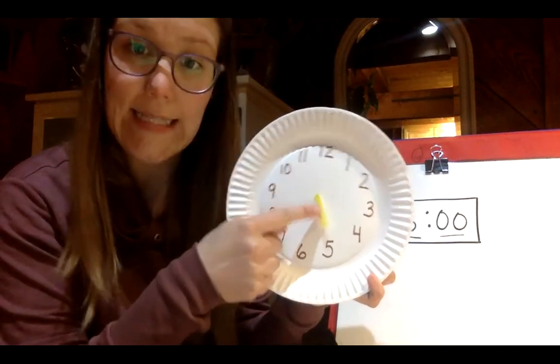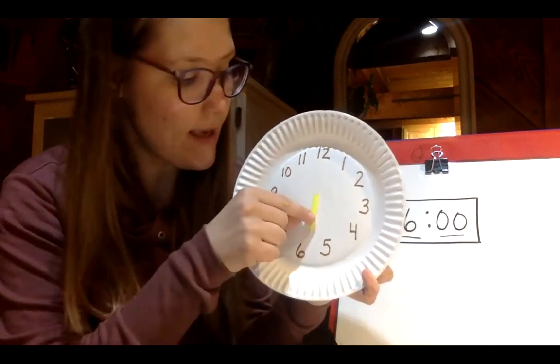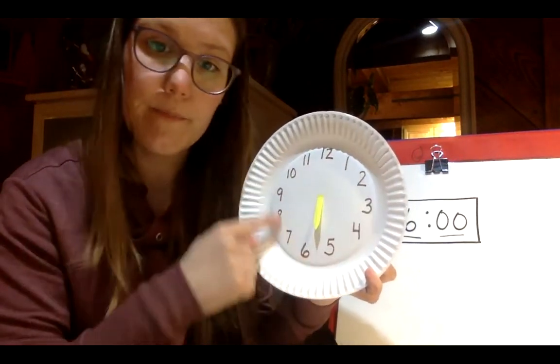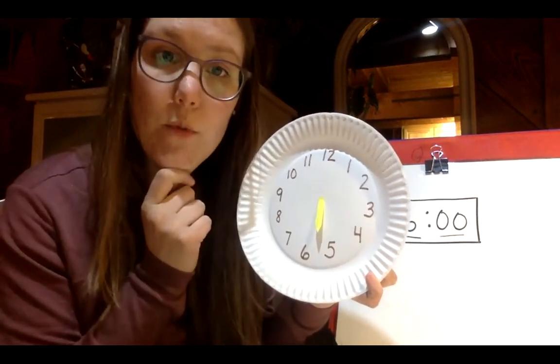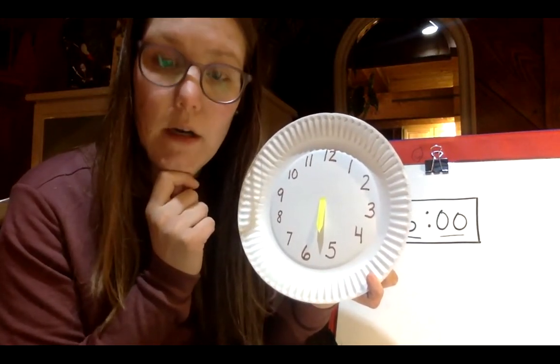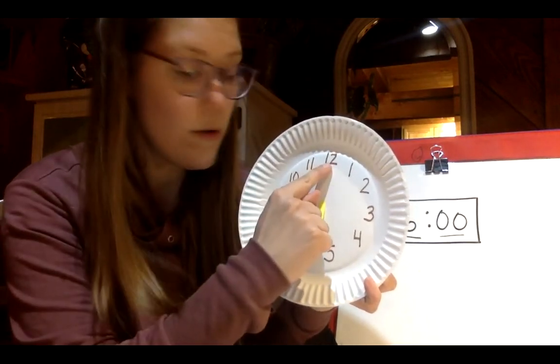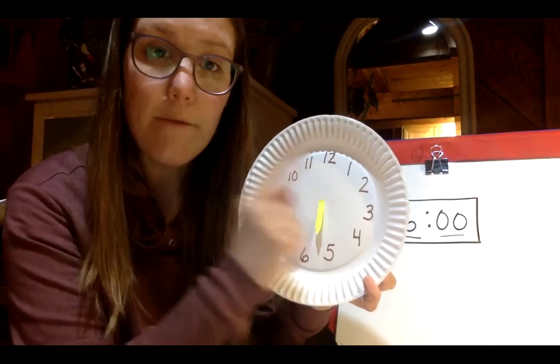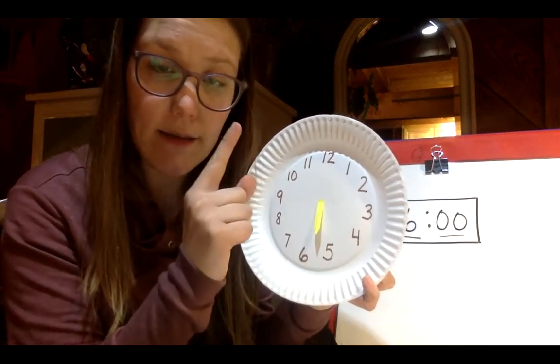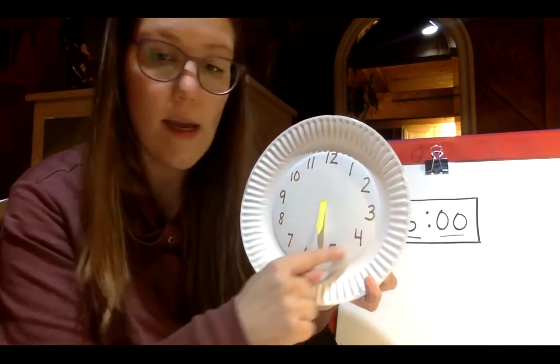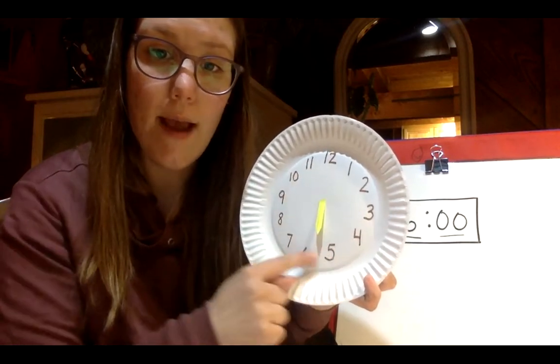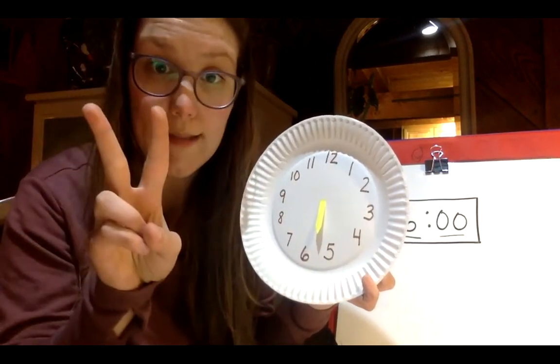It has a hand and it has numbers. All right. There are 24 hours in our day. Our analog clocks go to 12. That means that in one day, the hour hand goes around the clock twice.